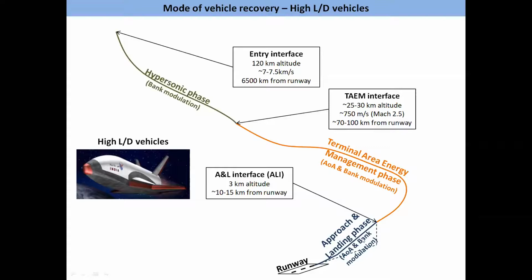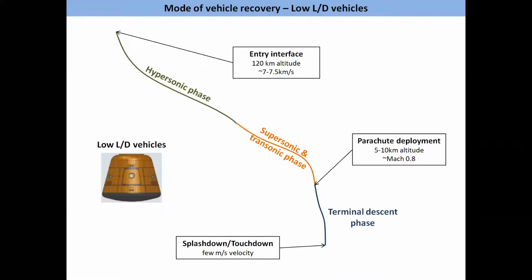So these last two phases have angle of attack as well as bank angle modulation involved. Now, similarly, if you look at low LBD vehicles, trajectories become significantly vertical by the time you reach the supersonic and transonic phases. So you don't have any option, even though you have a small amount of lift, you cannot play around much with it.